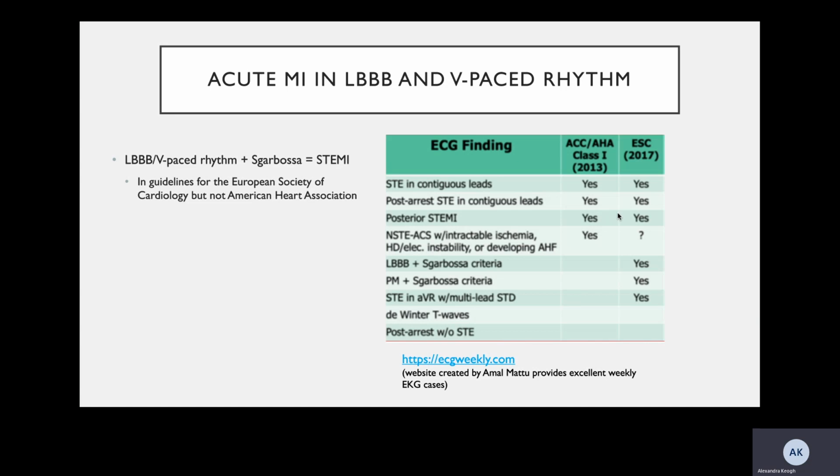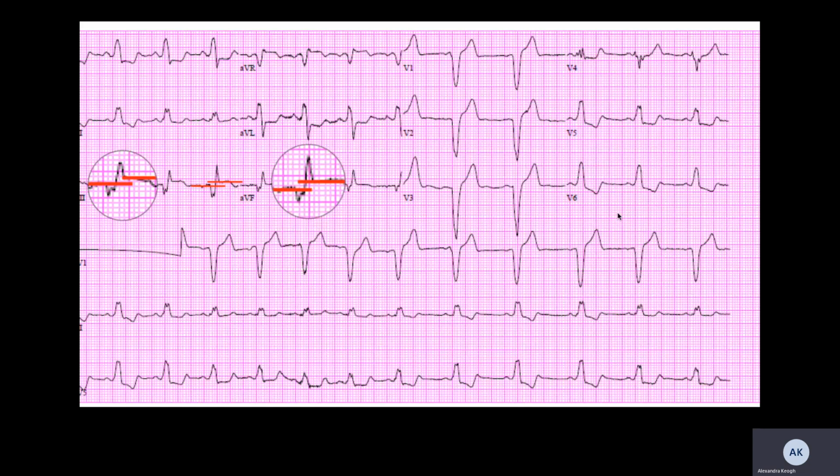So if we go back to our original EKG, this is the same one from when the patient arrived to the emergency room. If you look at it again, you could see in the inferior leads that the primary direction of the QRS is pointing up. And if you draw a line from the TP segment to the ST segment, there's about 1 box of concordant ST segment elevation there.